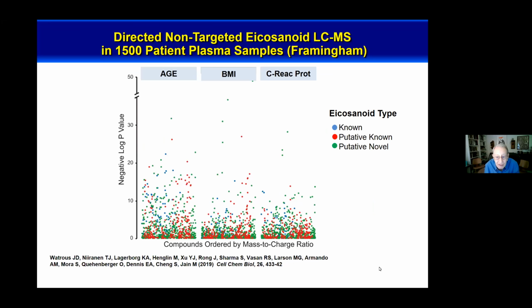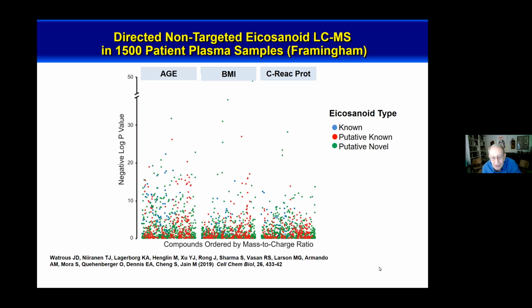And using that approach, when we took large numbers of plasma samples, some 1,500, stratified by age or BMI or C-reactive protein, and ordered them by mass to charge ratio, some number of those peaks are known standards that we always target, some are putative known compounds by the calculation method in Lipid Maps.